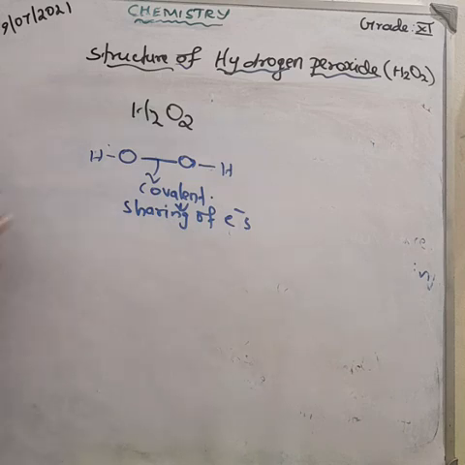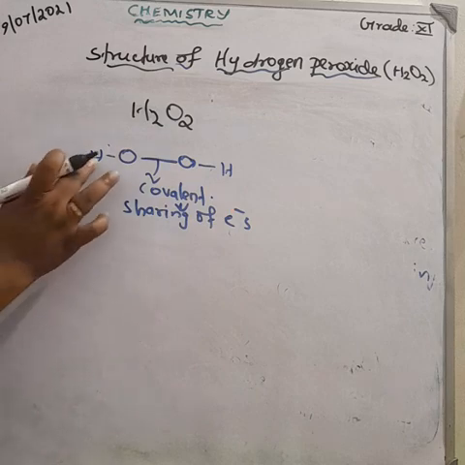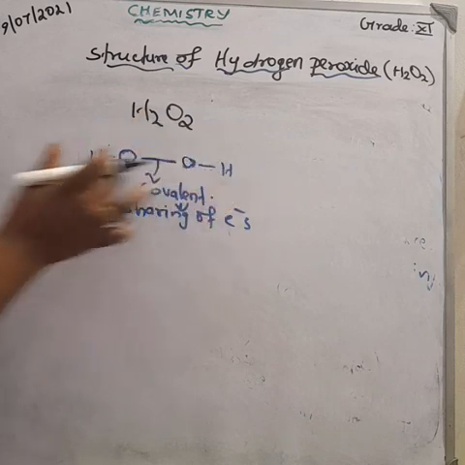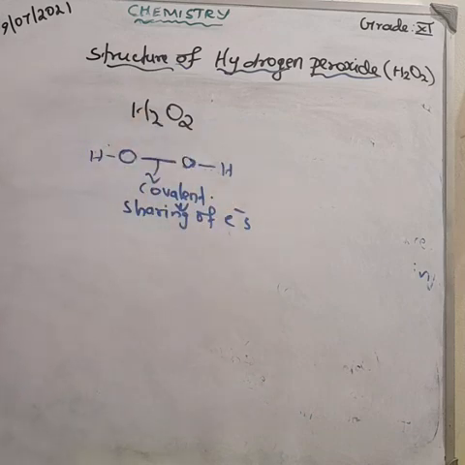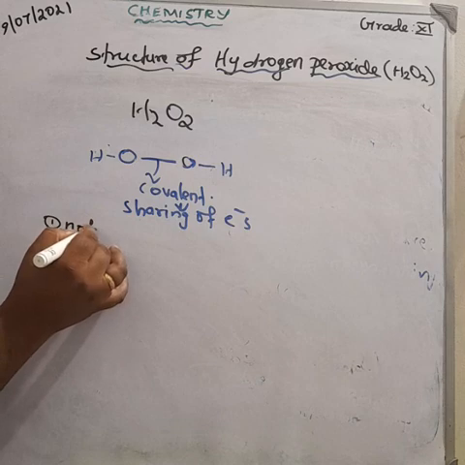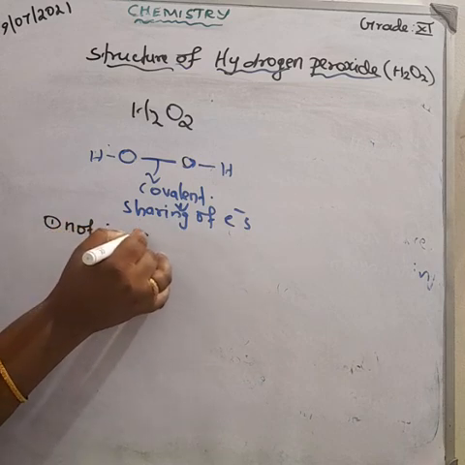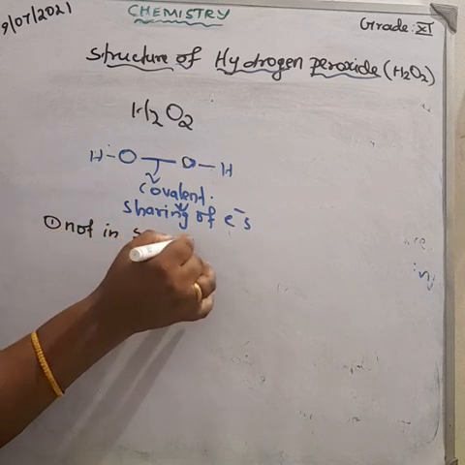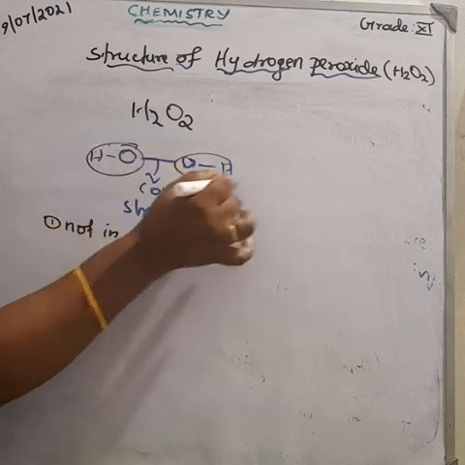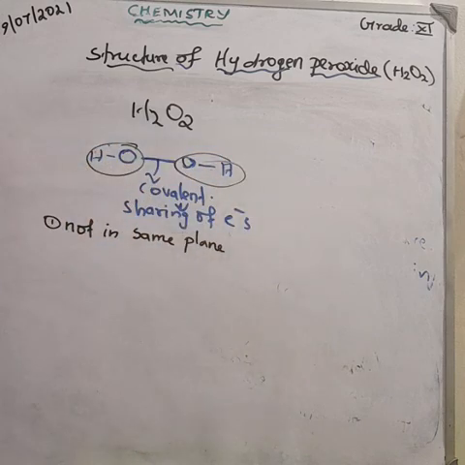Normally the 2 hydroxyl groups are joined by a single bond called a covalent bond, but structurally these 2 hydroxyl groups, in this dihedral formula, do not lie in the same plane.